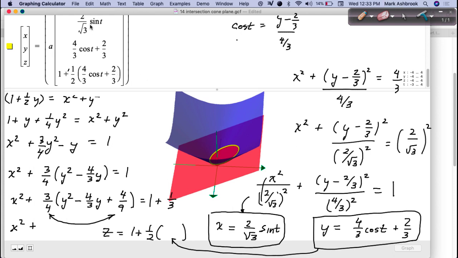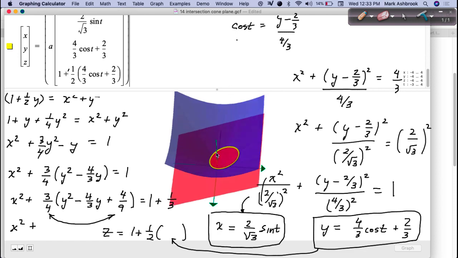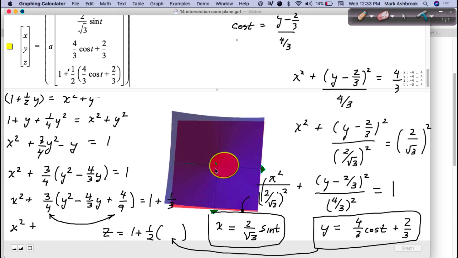So the x and y is this cylinder here, right? So this cylinder right here is combining those two, the x and y, you would get this elliptical cylinder that runs up and down parallel to the z-axis. There it is right there. Center, what, 0, 2/3, and then the radii that we found.